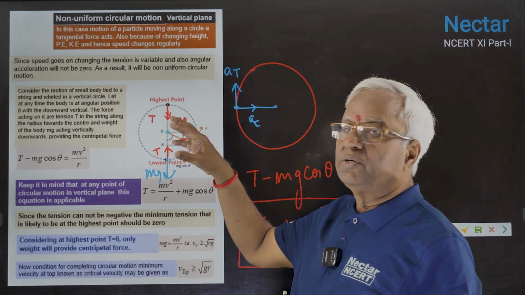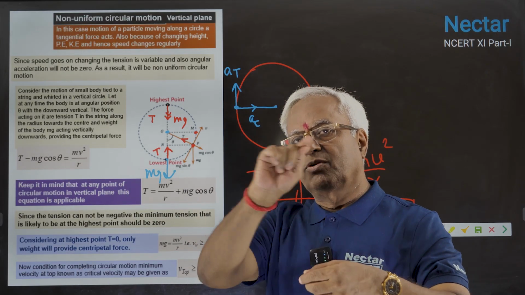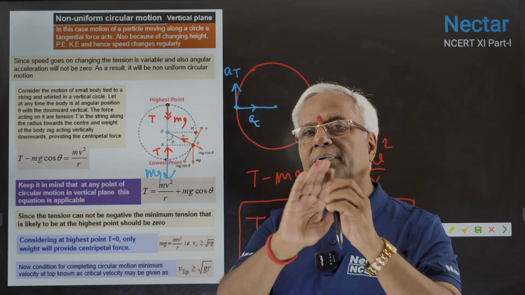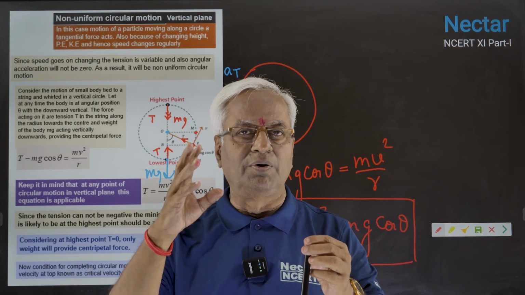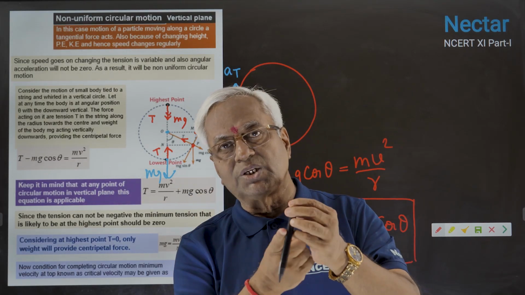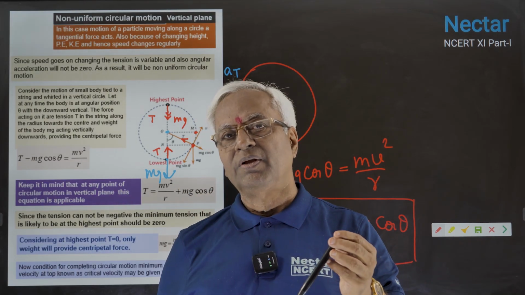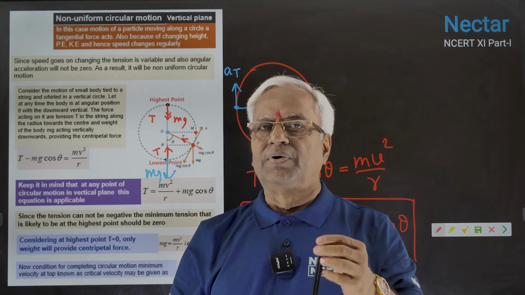At the highest point, you see, if you are having pendulum in your hand and you are causing its rotation, there is no upper limit till the string is broken. You might increase to any value. It is possible. The motion is possible unless this string is broken. We need a lower limit of velocity.